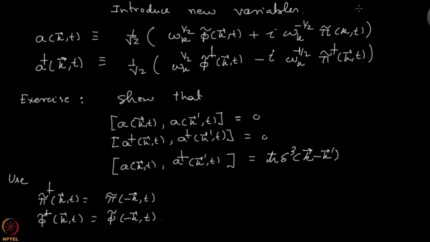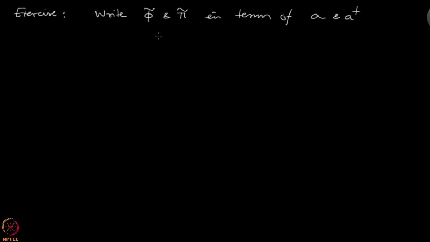That is trivial because you have a very simple relation here. You can just invert it. And if you do so, you'll get the following. And that's not really an exercise, I'm just writing down the result here.